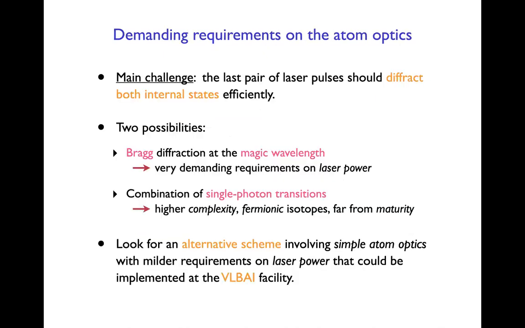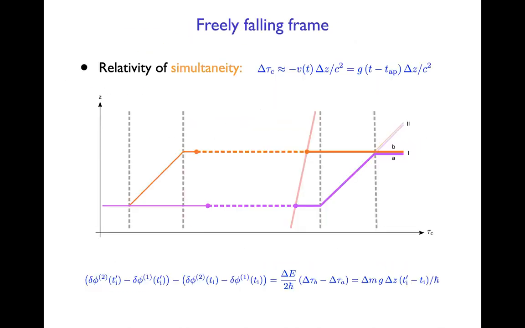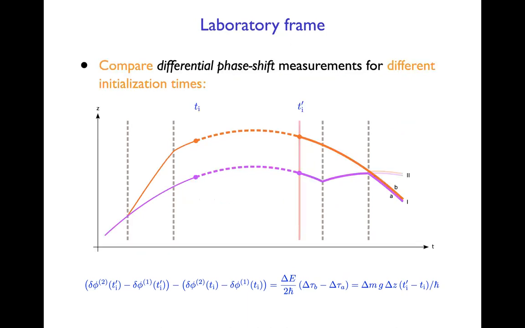If you remember the argument from the point of view of this frame, you need to have this difference in time, if there was any, be much smaller than the difference in proper time between the two arms of the interferometer, for sure. That's why the role of this initialization pulse is really important, and it's important that it acts simultaneously on both with very good precision.